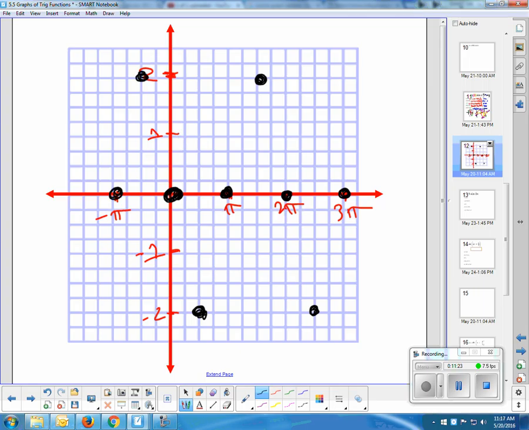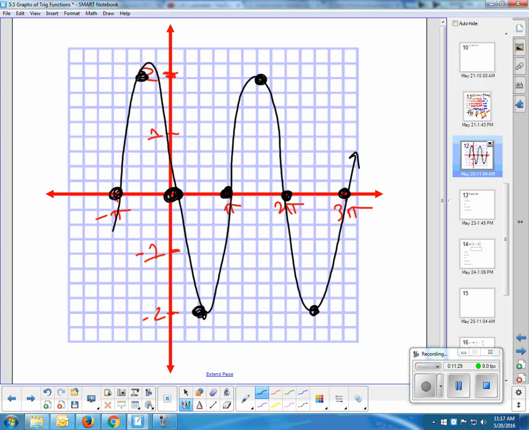And if I connect this with a smooth curve, we have here the graph of y equals negative 2 sine of x on the interval from negative pi to 3 pi.